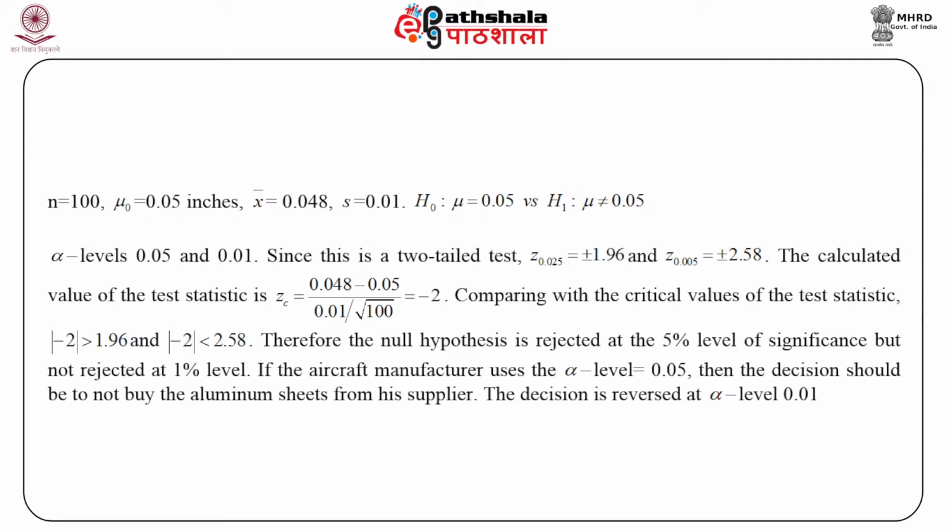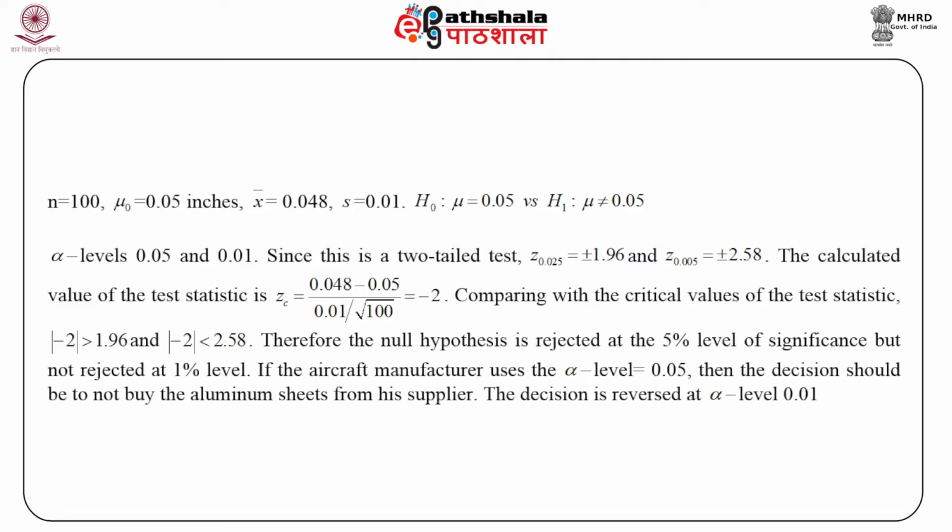The calculated value of the test statistic is Zc equal to 0.048 minus 0.05 divided by 0.01 upon under root of 100. On calculation, it comes out to be minus 2.